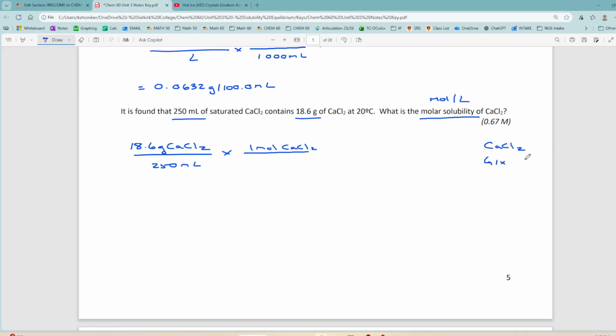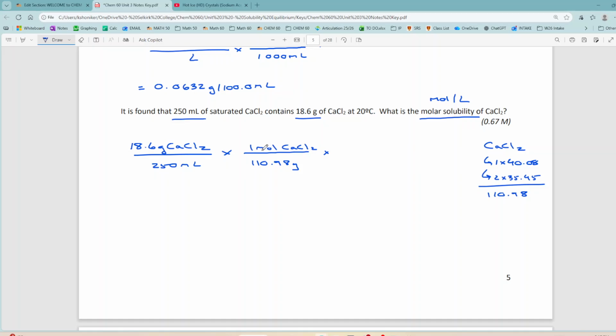I have to look this up on my sheet. 1 calcium is 40.08. And then I've got 2 chlorides, so 2 times 35.45 would give us an overall molar mass of 110.98. So I'm going to put in that.